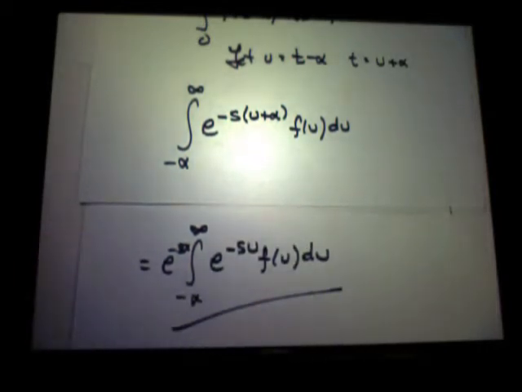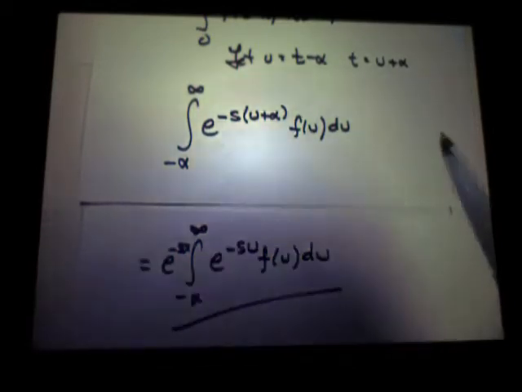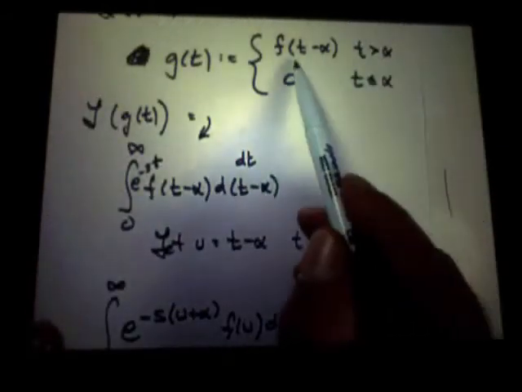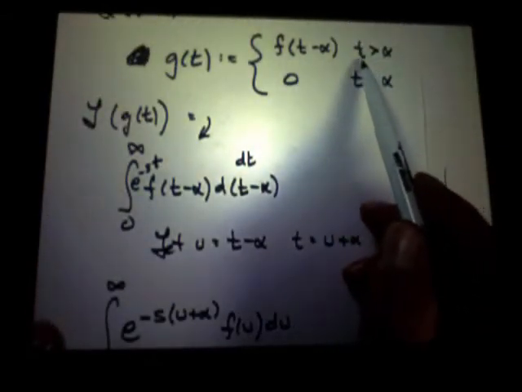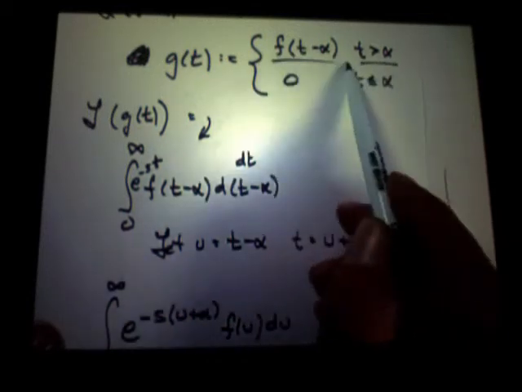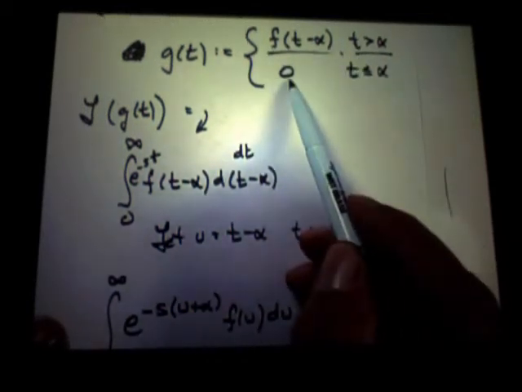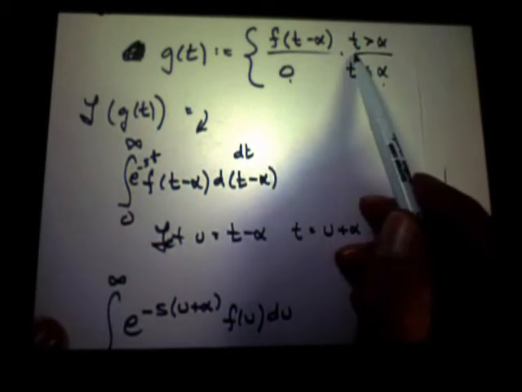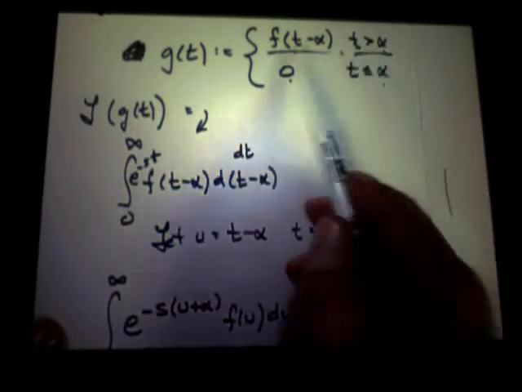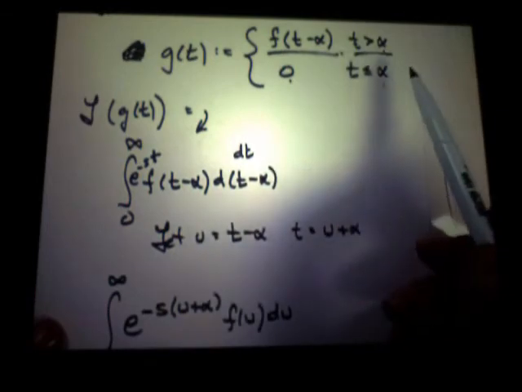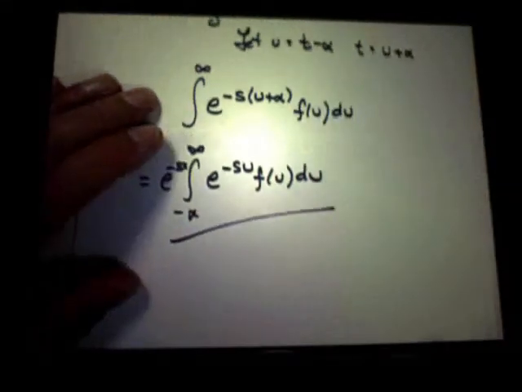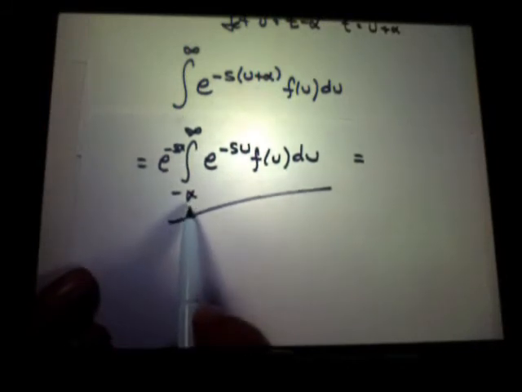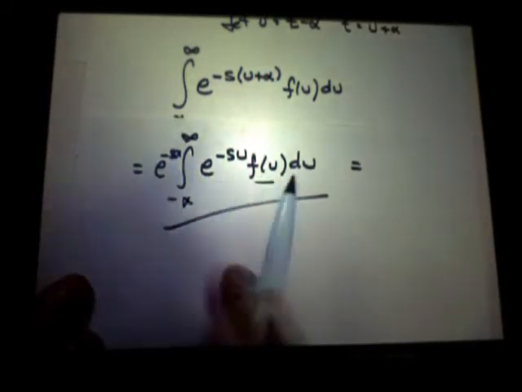Now, u is t minus alpha. So if t is greater than alpha, that is to say u is greater than 0, the function is defined. Otherwise it's 0, right? If u is less than 0, we have 0. So I can immediately clip off the piece from minus alpha to 0 because the function is 0 there.